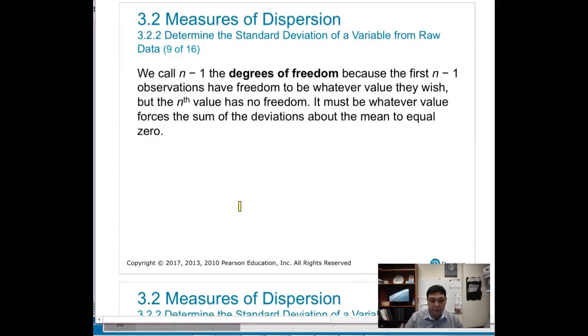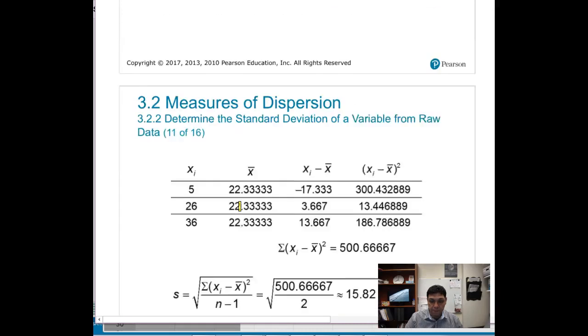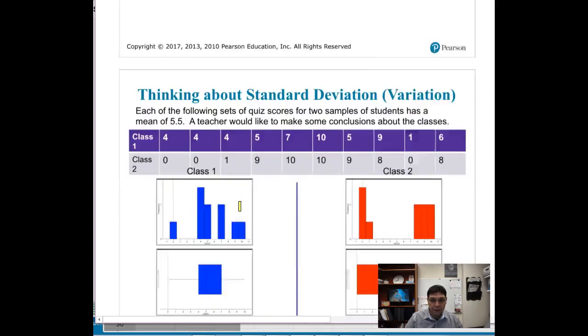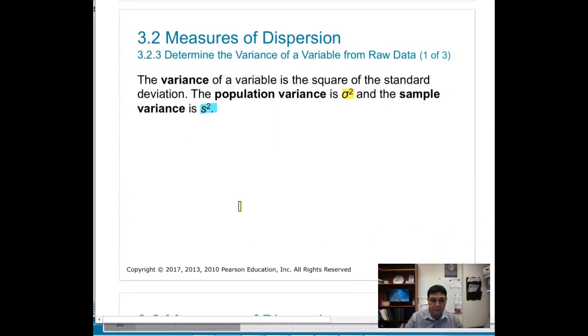And then variance is another way of measuring. The variance is just the square of the standard deviation. It's just another way, like mean, median, and mode is a measure of center. This is just another way of measuring how spread out data is, and we call it the variance.